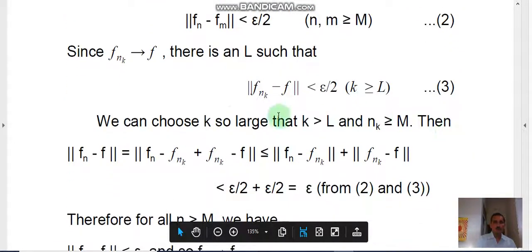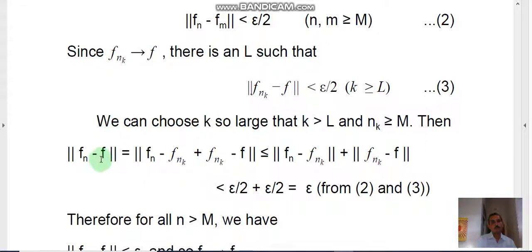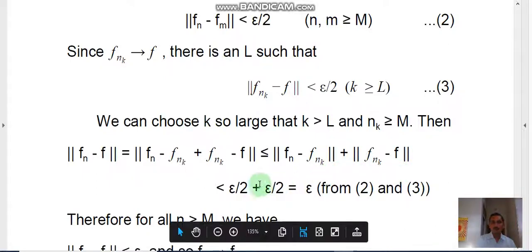Then we calculate the norm of Fn minus f. Here we subtract and add Fnk. So this becomes the norm of Fn minus Fnk plus Fnk minus f, and by the triangle inequality this is less than or equal to norm Fn minus Fnk plus norm Fnk minus f, which using equations 2 and 3 is less than epsilon by 2 plus epsilon by 2, equal to epsilon.